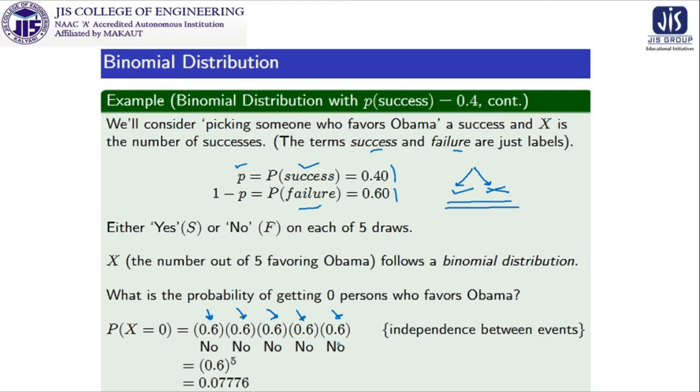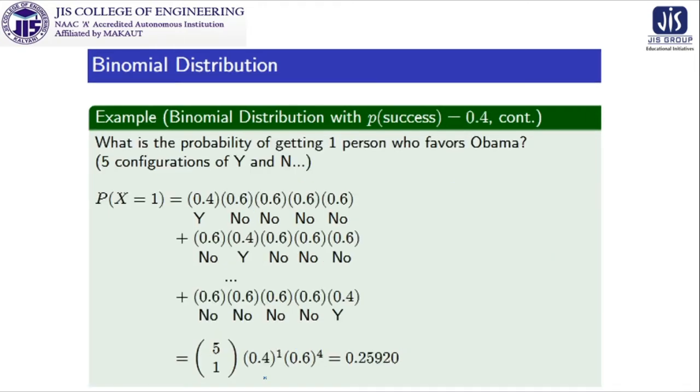All of them are saying no. So P(X = 0) will be 0.6 times 0.6 times 0.6 times 0.6 times 0.6, because there is independence between events. So ultimately we get 0.6 to the power 5, whose value is 0.07776. This is the way of finding the answer to this specific question.